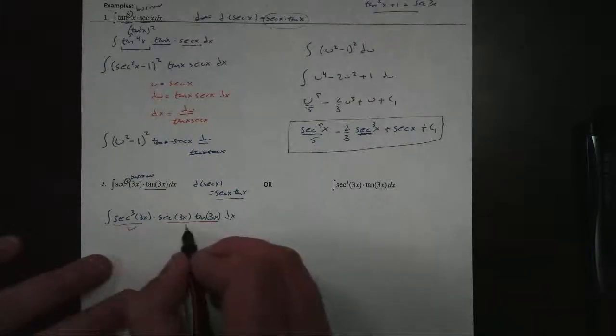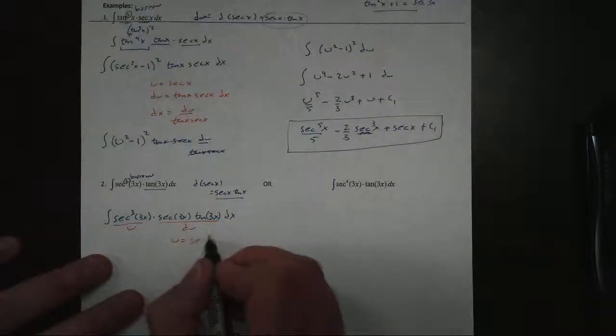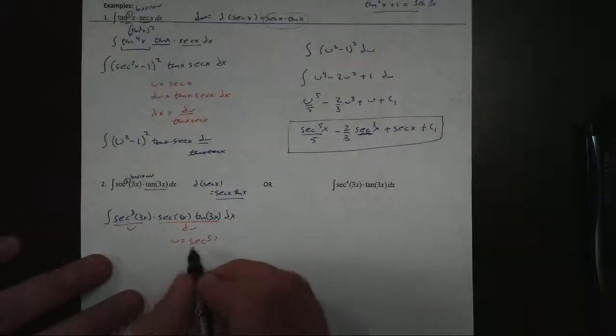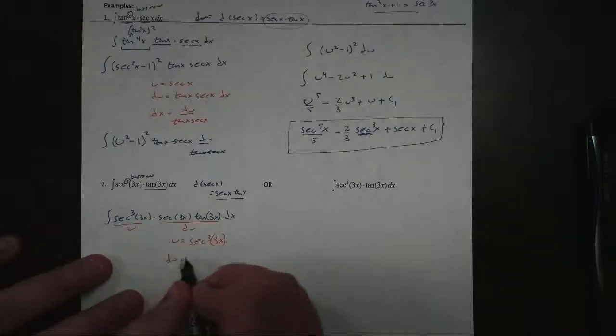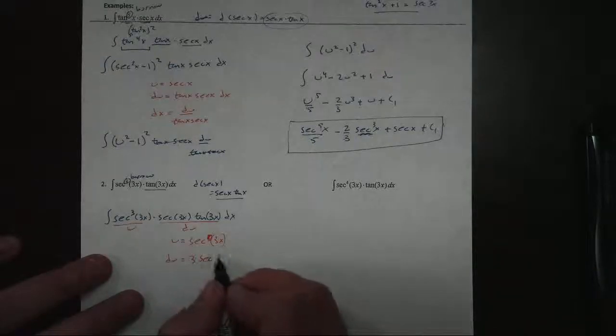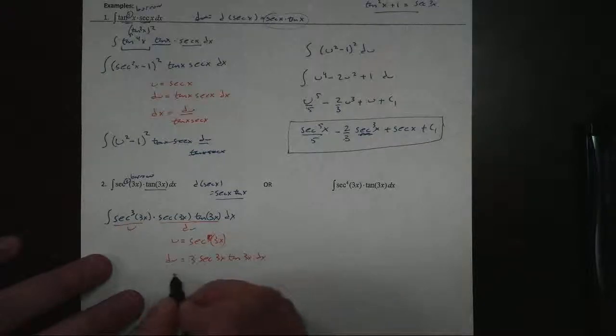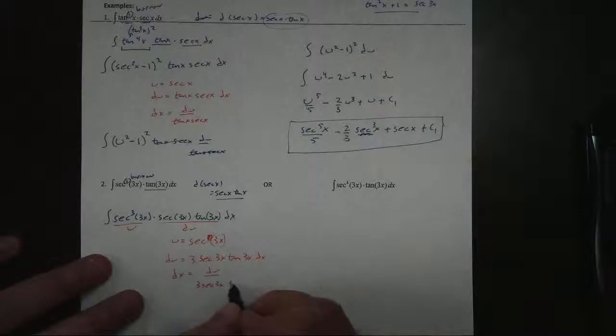There's my u. So using u substitution, let u equal the secant cubed of 3x. Be very careful with the derivative. Du is not secant cubed, just secant of 3x. The derivative becomes 3 times the secant of 3x times the tangent of 3x dx. So dx equals du over 3 secant 3x tangent of 3x.